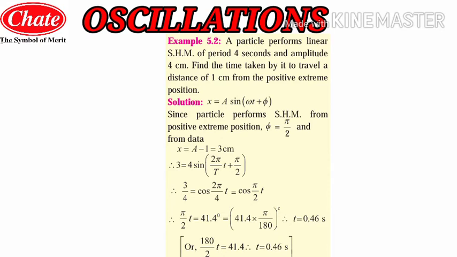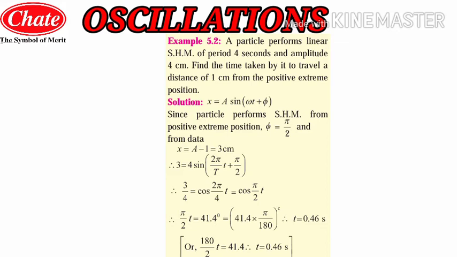So the 4 which is multiplied with the sine, I will take to the other side of the equality sign. So it will become 3/4, and the sine will convert into cos. So cos(2π/4 × t), which will be equal to cos(π/2 × t).